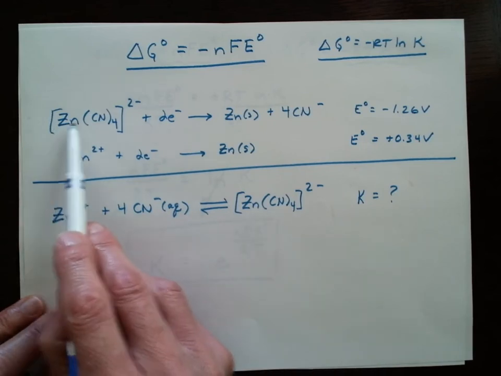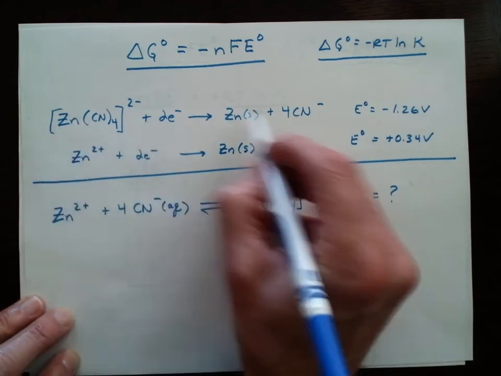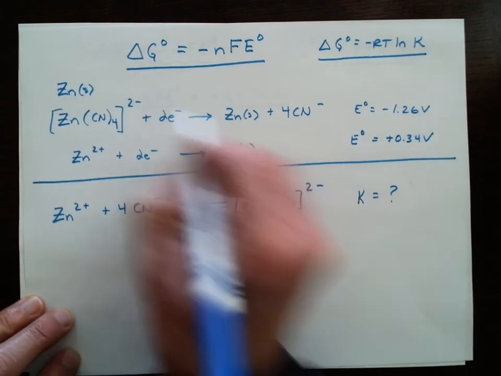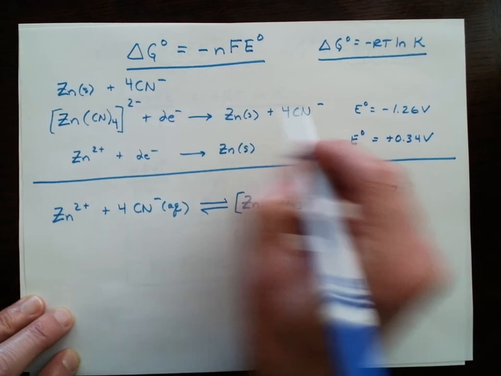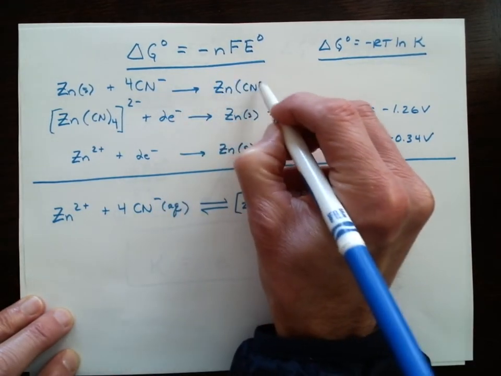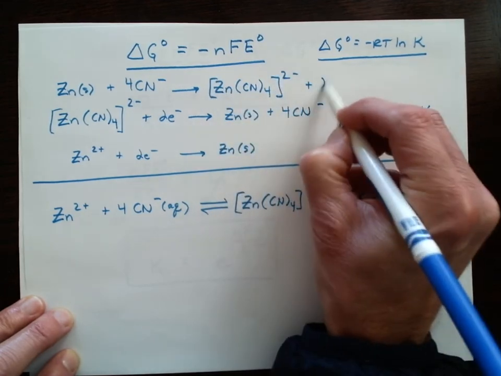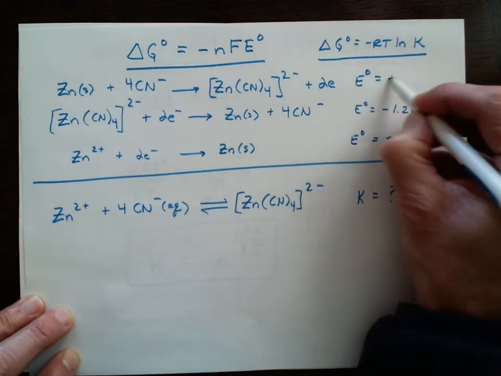So I'm probably going to flip this reaction. I'll just write it up here above. It's going to be solid zinc plus 4 cyanide ions going to my zinc cyanide complex and 2 electrons. And of course I better flip the sign.